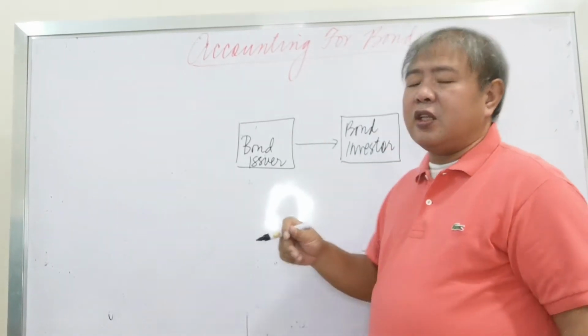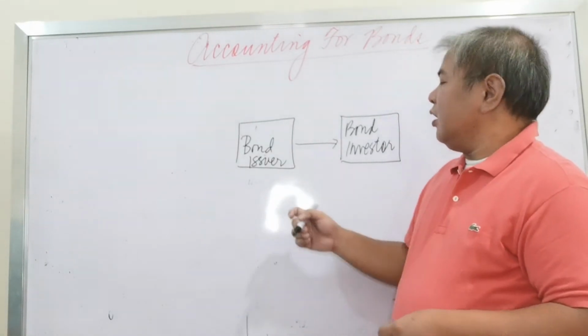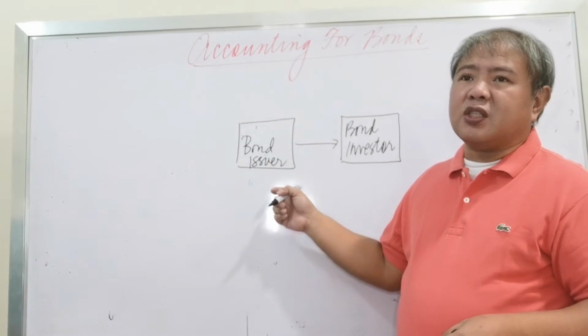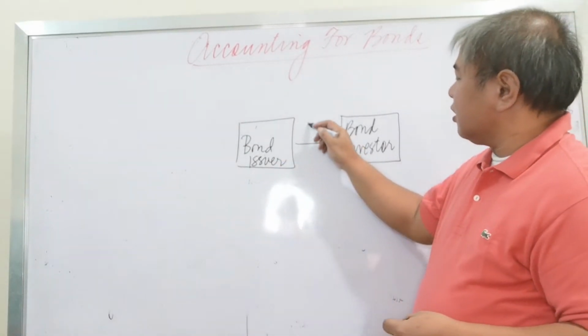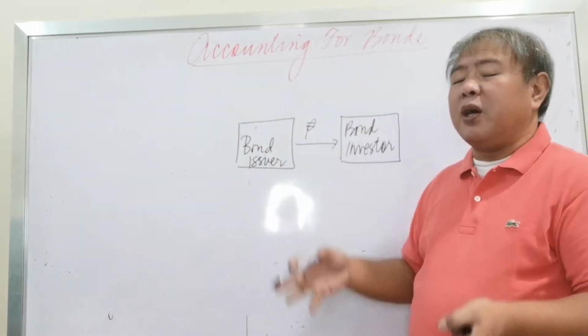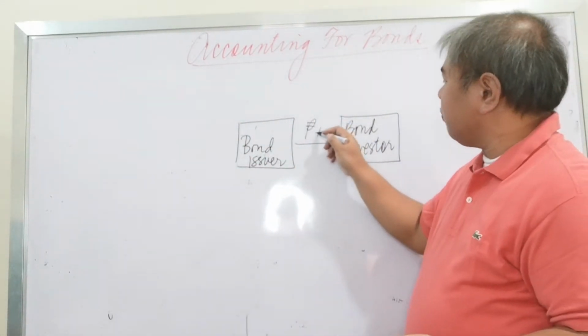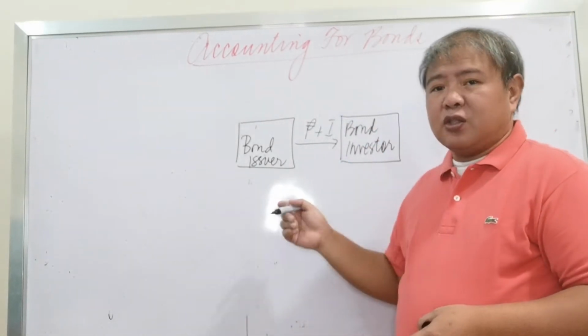In the normal setting, this is your creditor and this is your debtor. The bond issuer promises to pay the bond investor the sum of money that he owes sometime in the future, as indicated in the bond contract, plus of course the corresponding amount of interest as agreed between the two of them.